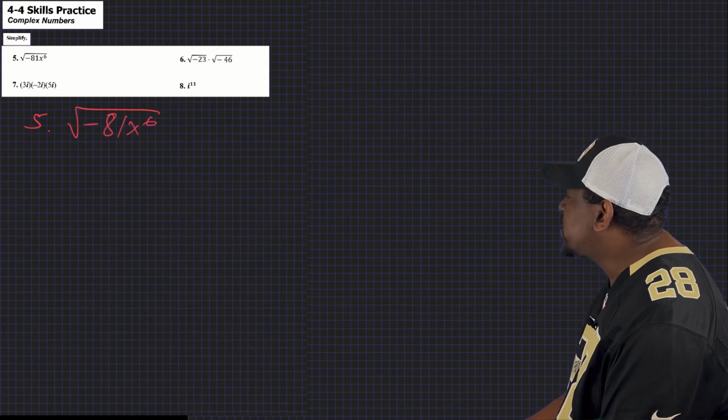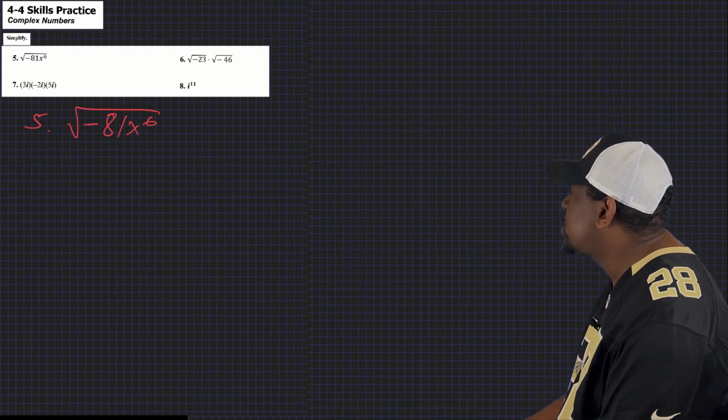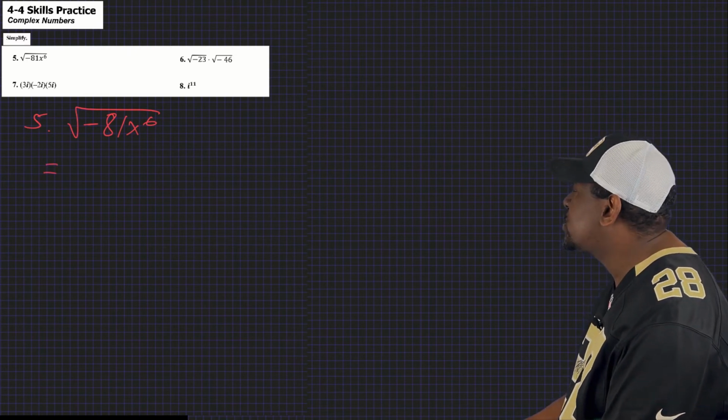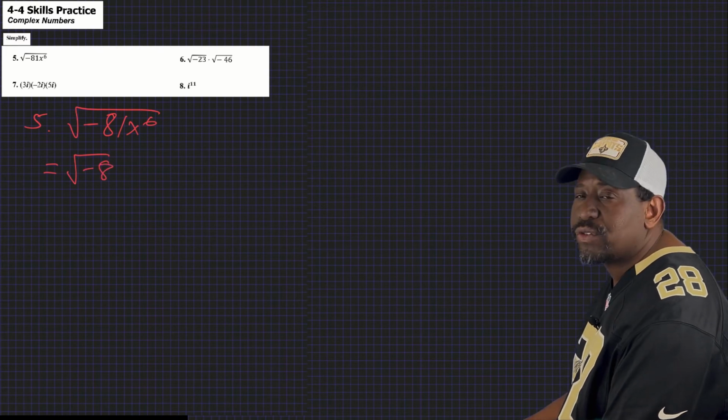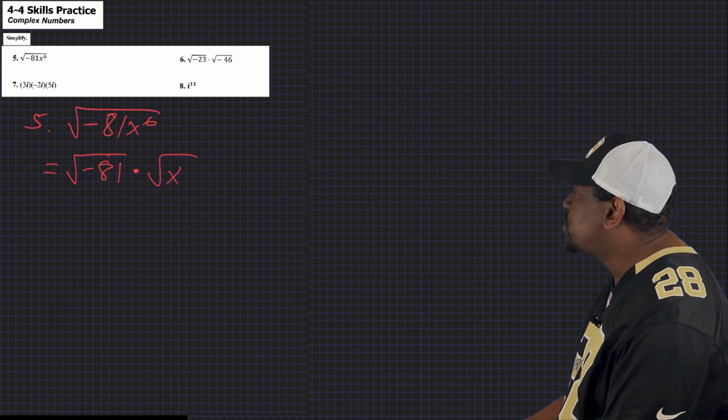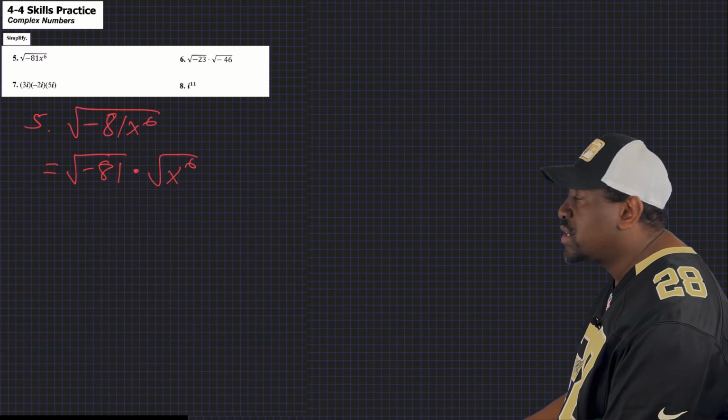Because we have two separate terms, -81 and x to the 6th power, we'll break this radical first into two separate radicals, the square root of -81 times the square root of x to the 6th power. So now we simplify those two separate radicals.